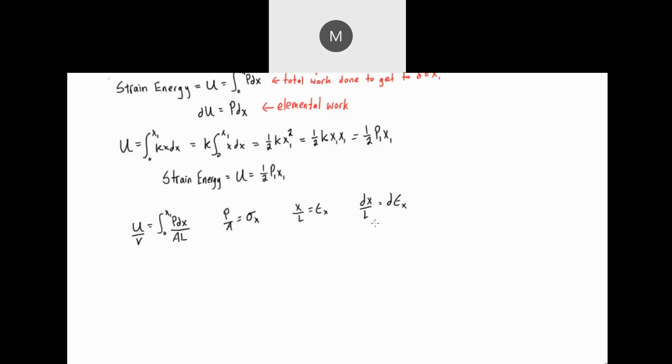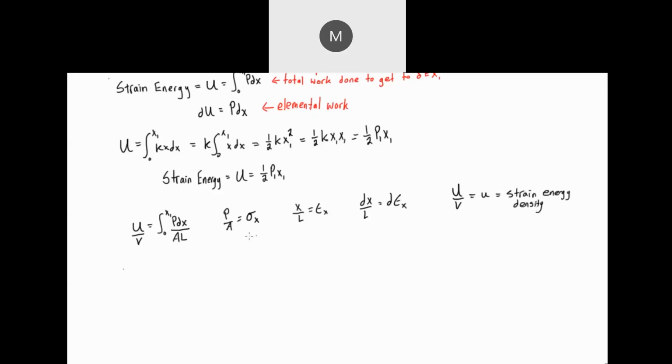So we can substitute some of these things in. And when we talk about capital U over V, this is strain energy density, so capital U over volume is equal to lowercase u, the strain energy density.